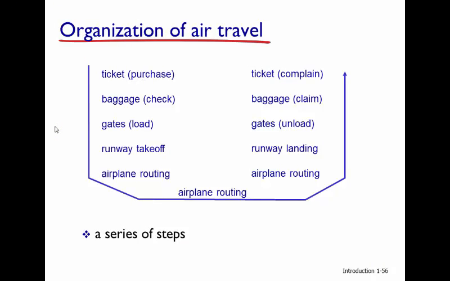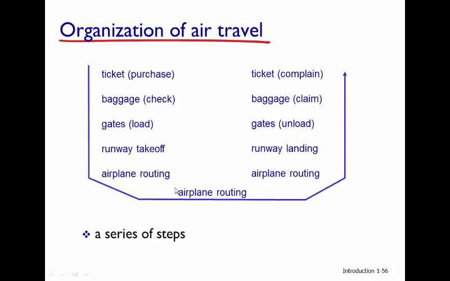Think about travel planning. Usually you purchase the ticket, right, in this order, and then check in the baggage and access the gates, and on the runway take off, and then there's the airplane routing.